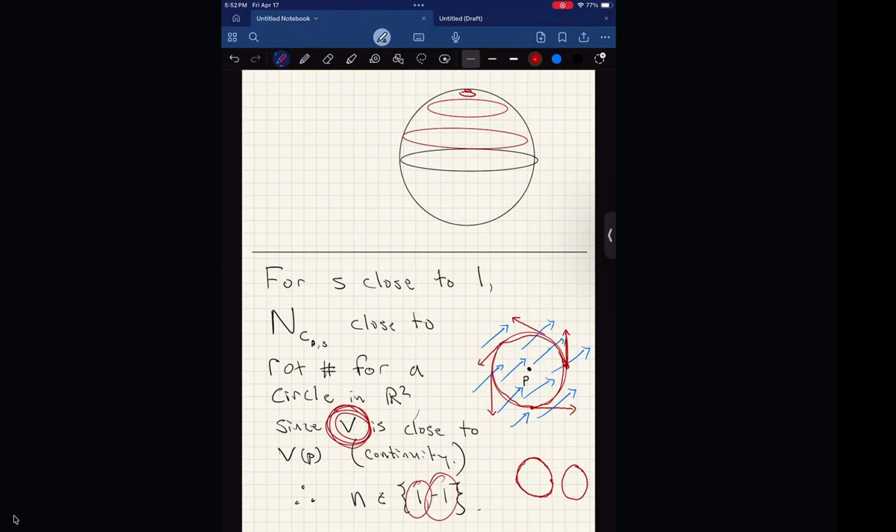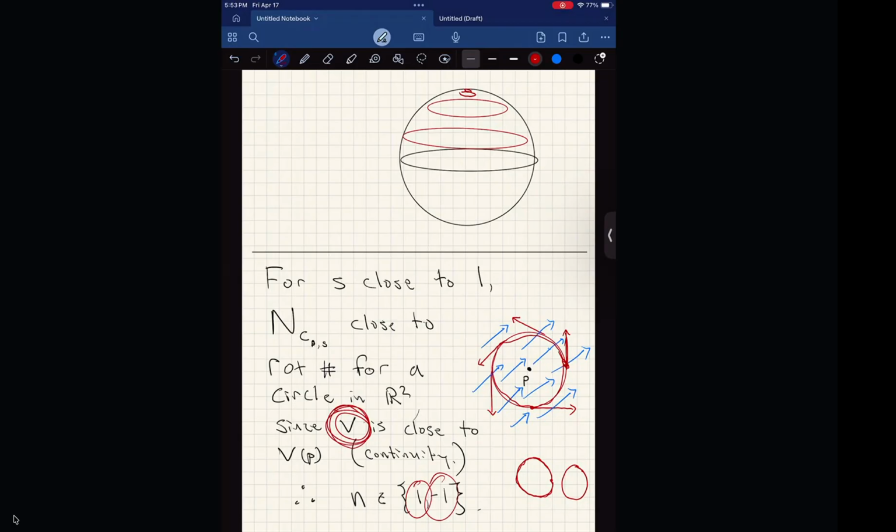Oh, yeah. So maybe your question is something like, are any two loops in S2 regularly homotopic? So if I were actually a topologist, I would be thinking better on my feet right now. So certainly you need something about simple closed loops.